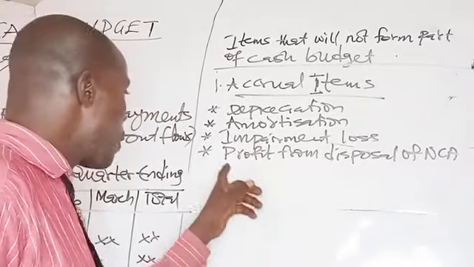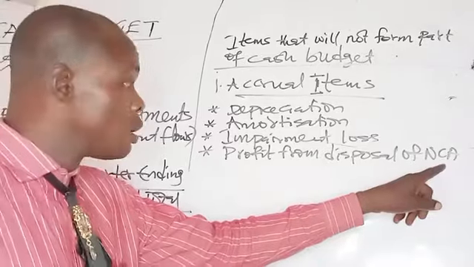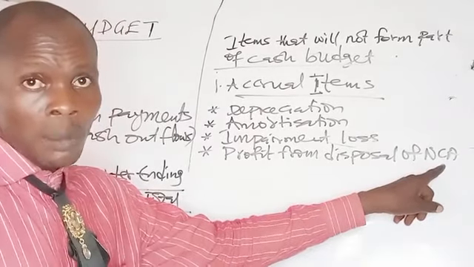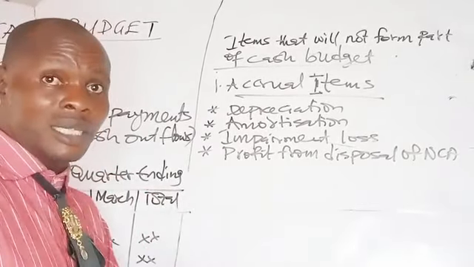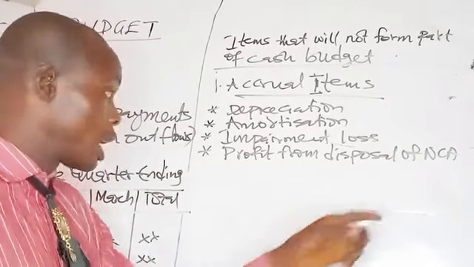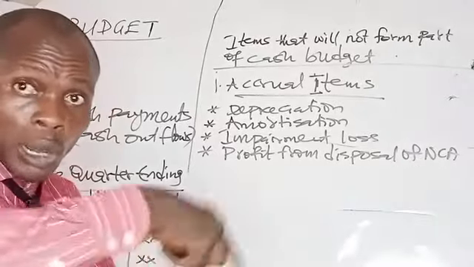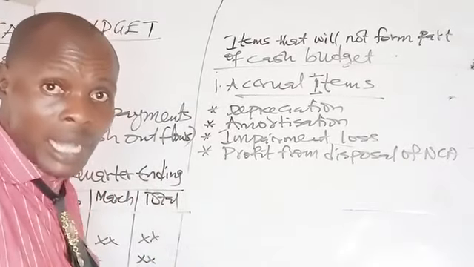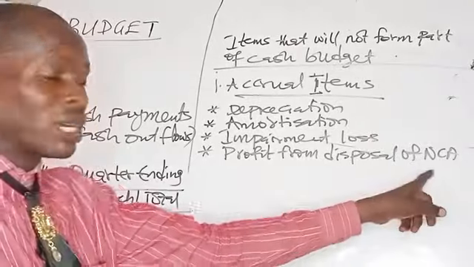Don't confuse your profit from disposal of non-current assets with the proceeds. Profit will be the excess of sales proceeds over the carrying amount at the date of disposal. That will give you the profit. But the actual sale proceeds will be recorded when cash is received. But profit will not be recorded.